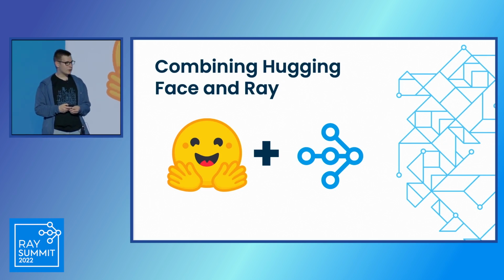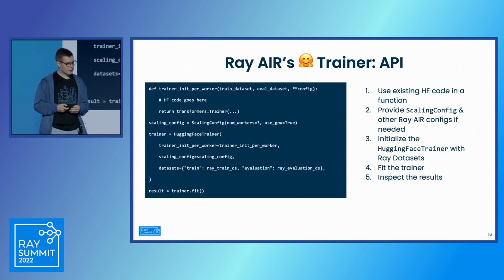So now we want to focus on how we combine Hugging Face and Ray and what sort of benefits we can gain from that. Let me start with a quick showcase of our Ray AI Runtime Hugging Face trainer. Trainer is a concept in Ray AI Runtime which wraps around different libraries and allows you to do training at scale.